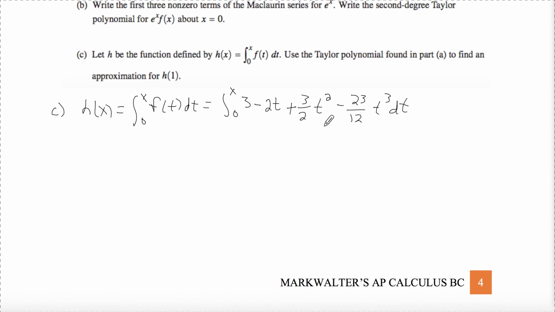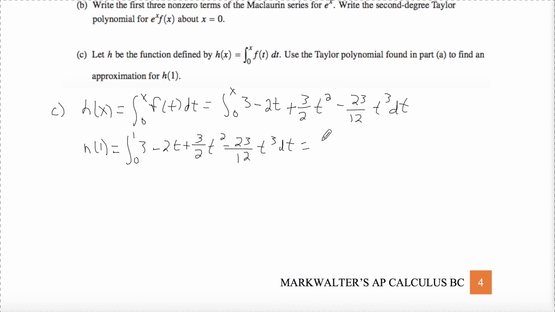Use the Taylor polynomial found in part A to find an approximation of h of 1. That doesn't sound too bad. h of 1 is the integral from 0 to 1 of 3 minus 2t plus 3 over 2 t squared minus 23 over 12 t cubed dt. I can take my antiderivative.